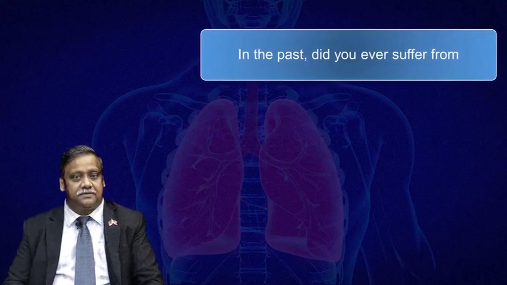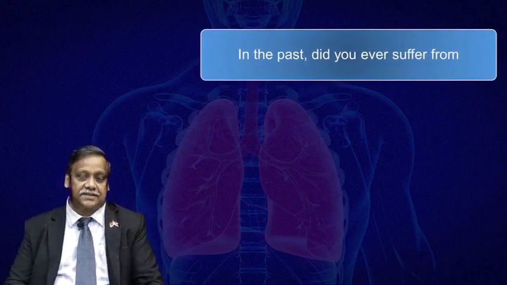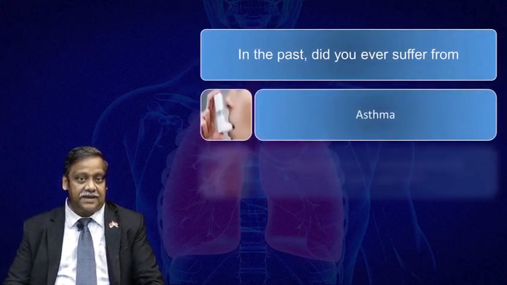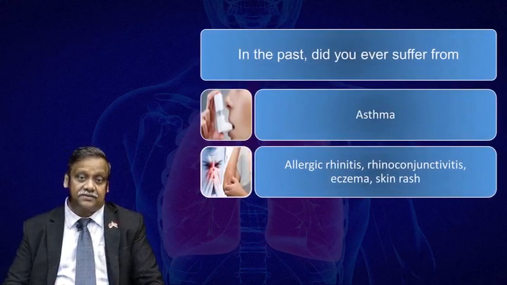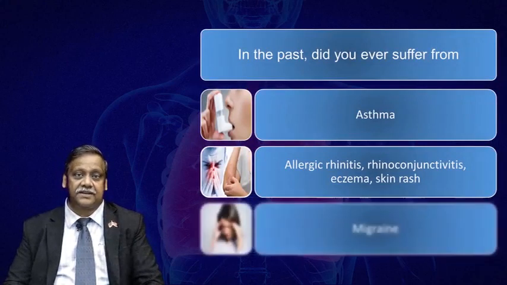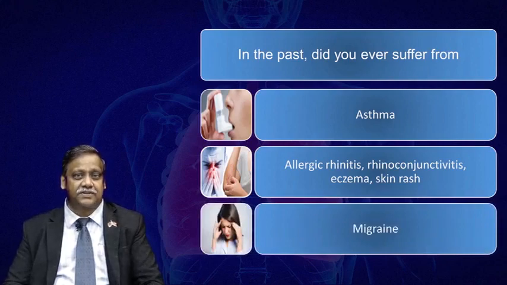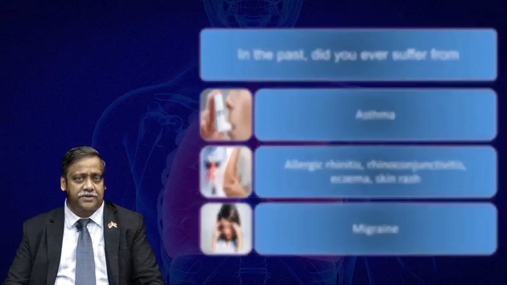In the past, did you suffer with any of these ailments? Asthma, allergic rhinitis, rhinoconjunctivitis, eczema or any form of skin rash, or even migraine? This is an important question that you must ask all your patients in whom you are suspecting a diagnosis of asthma or COPD. Why is it important?